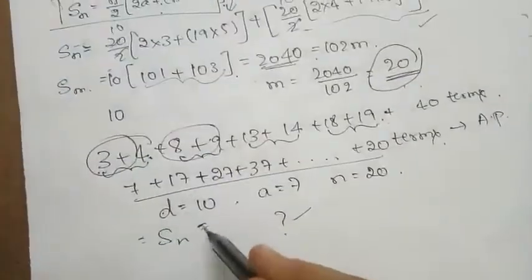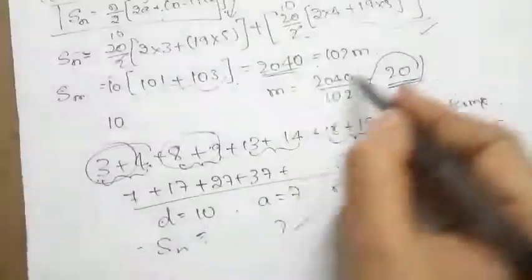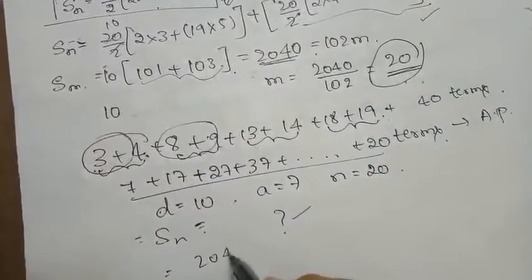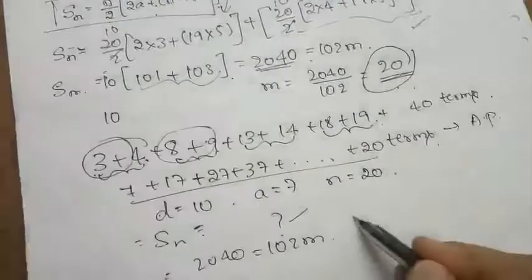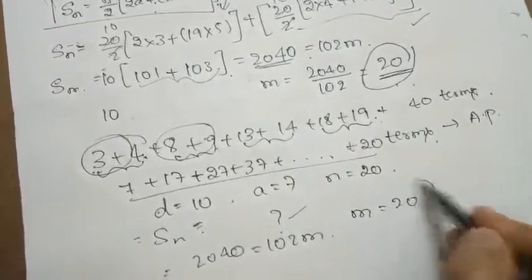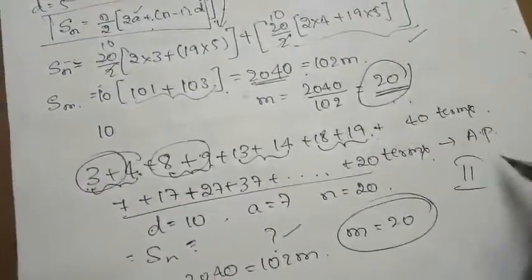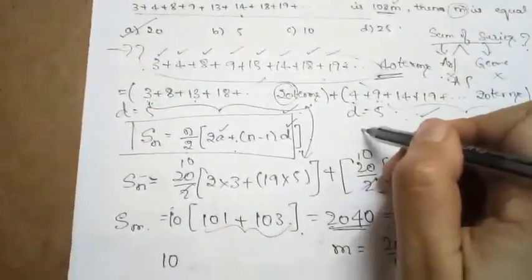Either you can use this method or that method. At the end you are going to get the value of Sn as the same 2040, which is equated to 102m. Then you get the value of m equal to 20. So this is another method to solve the same question.